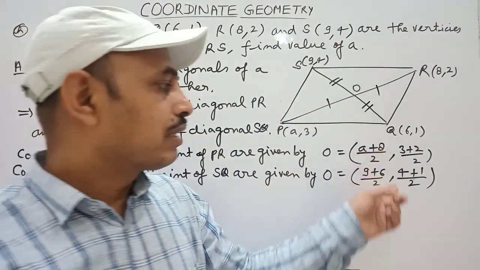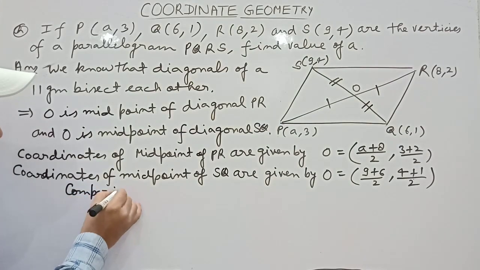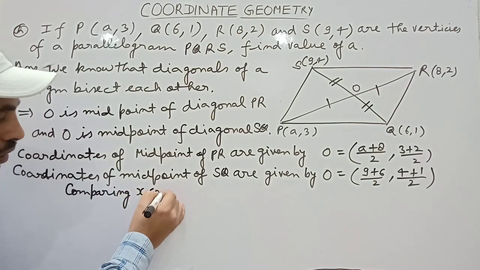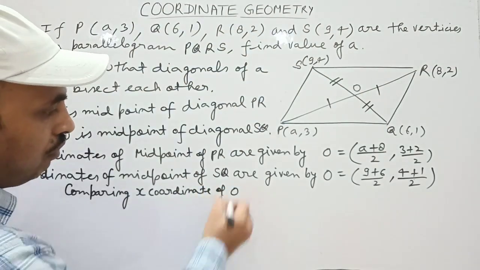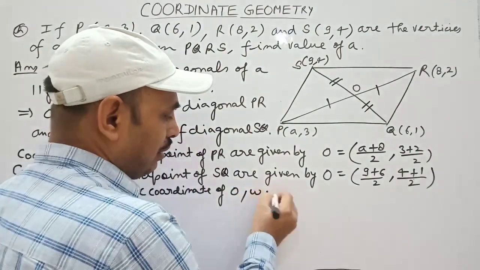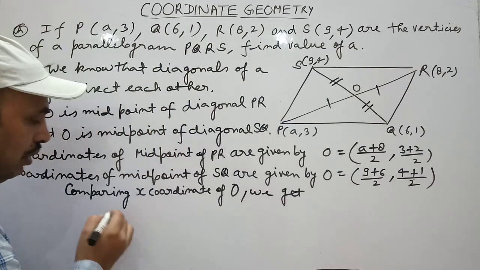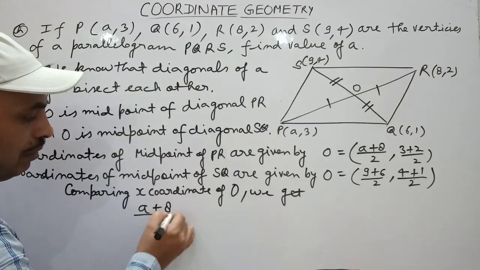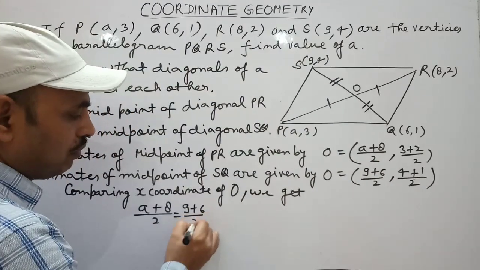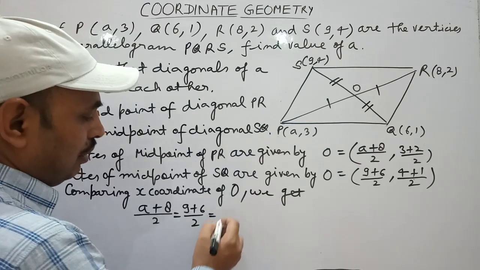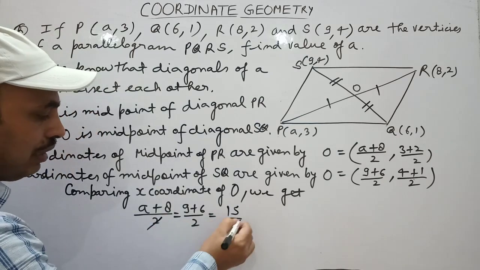The y coordinates are 5/2 and 5/2. तो comparing x coordinates of O, we get (a plus 8)/2 equal to (9 plus 6)/2. 9 plus 6 is 15 upon 2. 2 will cancel 2.